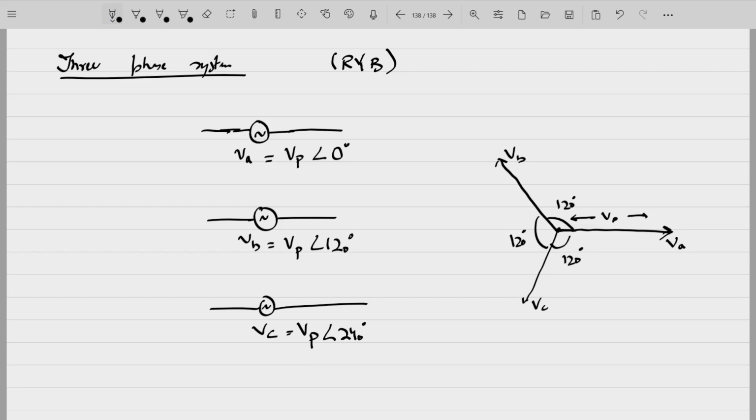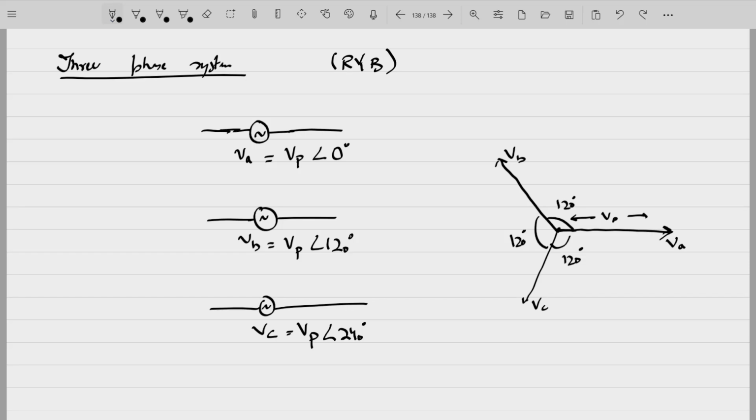So when we calculate from here, this will be 240 degrees. So we have three different voltages having a magnitude of Vp and 120 degrees out of phase from each other.